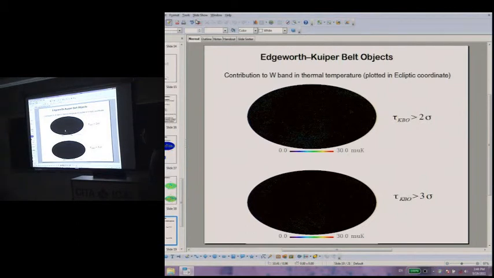There is a huge cluster of pixels here and there, and I converted them to thermal temperature. So it seems like there is some emission from Kuiper-Belt objects in WMAP data. We still need to cross-check and investigate more, but our preliminary results show there is a non-negligible emission from Kuiper-Belt objects at WMAP frequencies.